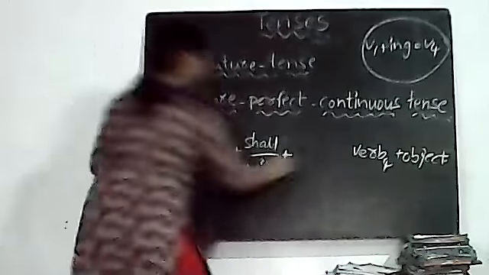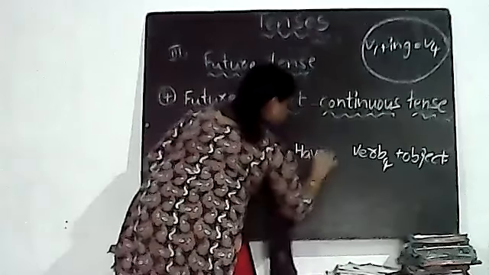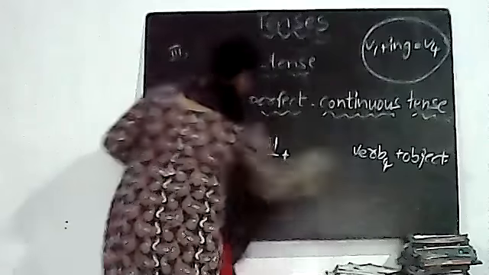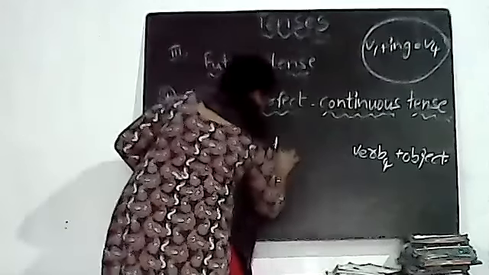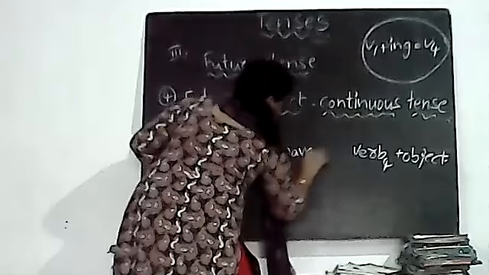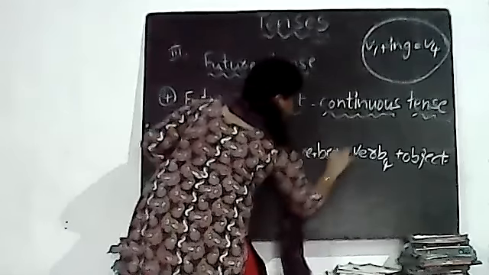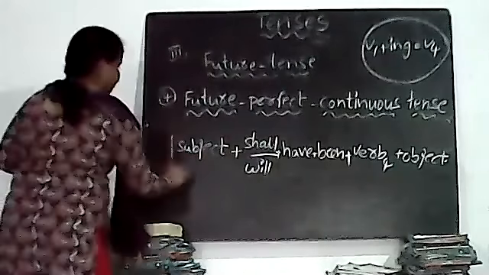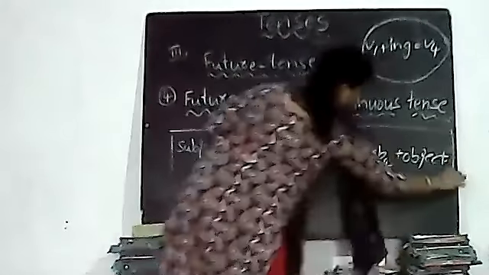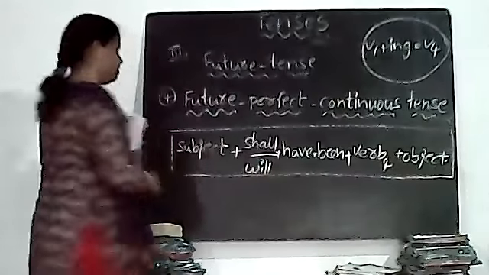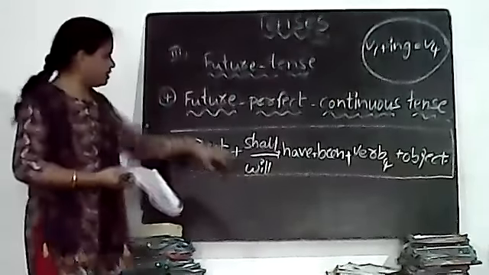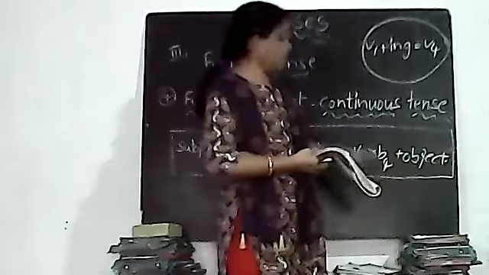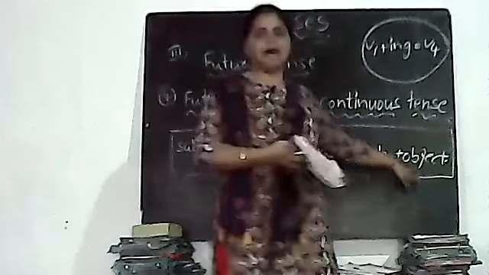Have been is extra, been added. That is the change of structure from the previous structure to the fourth structure: subject, shall or will, have, been, verb 4, object.